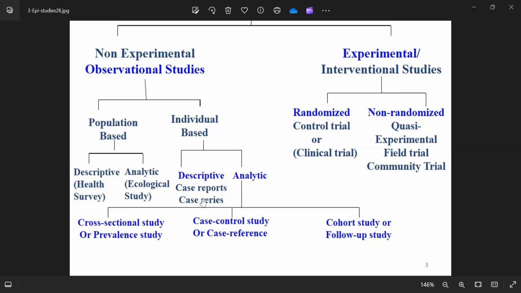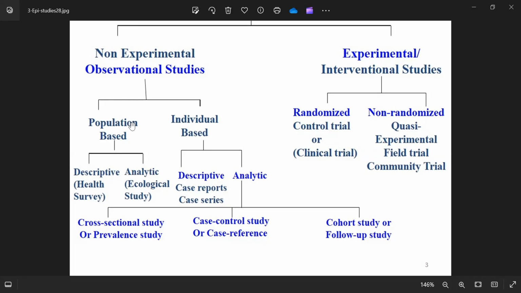The essence is to gain understanding into how complex that phenomenon is, and also provide detailed description, analyze specific situation, and develop theoretical framework that will be used. Okay, so that is the essence of using case study design. So that will be all for descriptive survey design under individual base, under observational study.